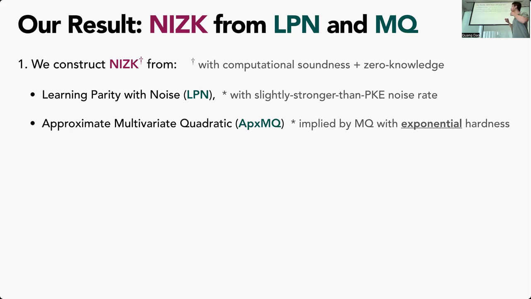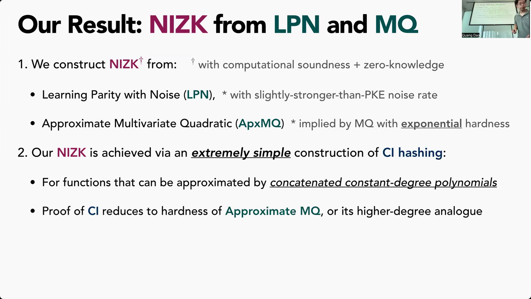So this MQ thing is we require slightly stronger security than is usually required. I'll talk more about this later. I think trying to remove this requirement and rely on standard MQ with exponential security is still an open problem and a very interesting one.